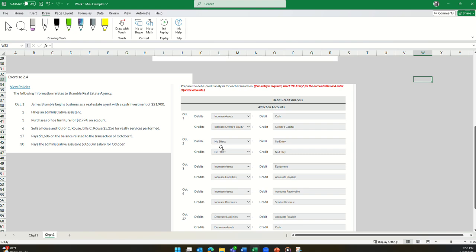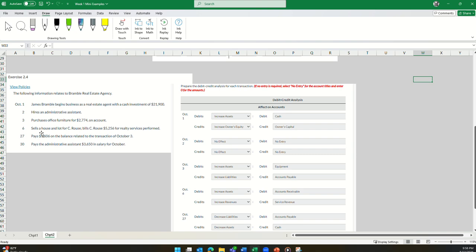So the debit is going to increase equipment, because now he has office furniture as equipment for 2,700. He didn't lose cash, but he has accounts payable now since he still owes that 2,700. So a credit to accounts payable is going to increase liabilities. Do you understand what's happening here?